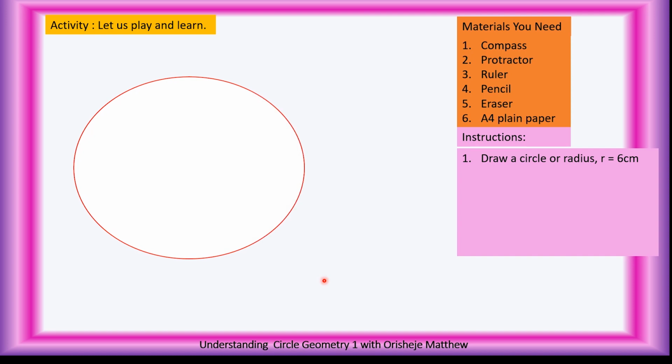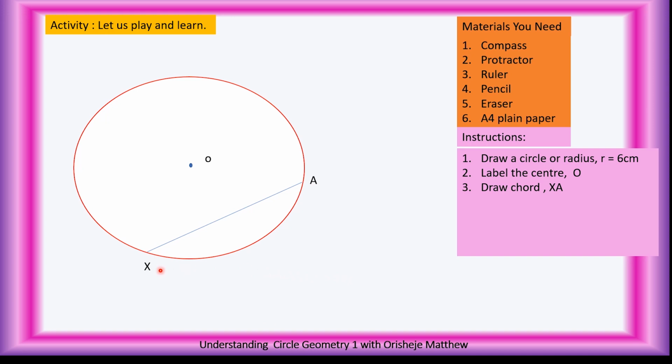Now the set of instructions I just want to give to you. So you draw a circle of radius 6 centimeters or a bigger radius using your compass. So once you have drawn your circle, I want you to label the center of the circle as O. Draw a chord SA.